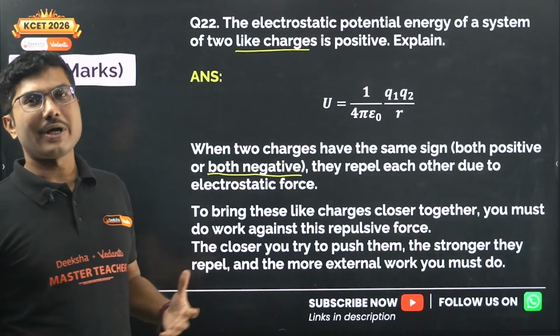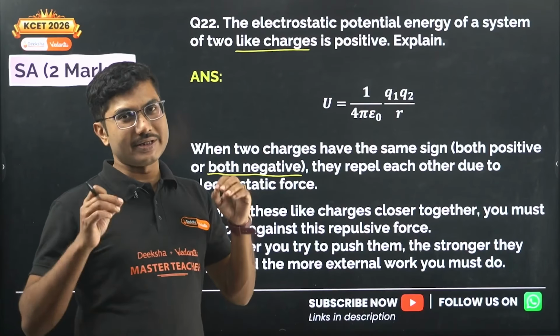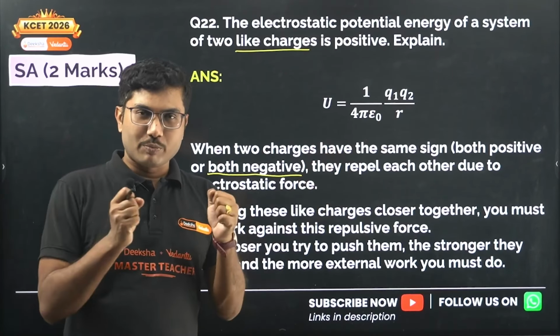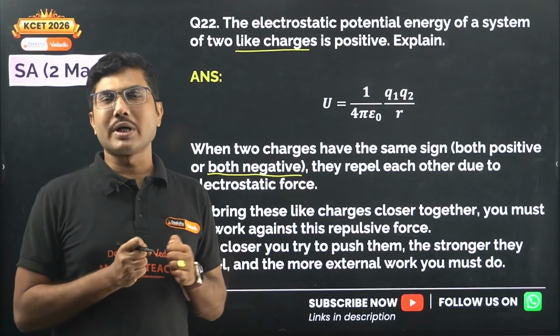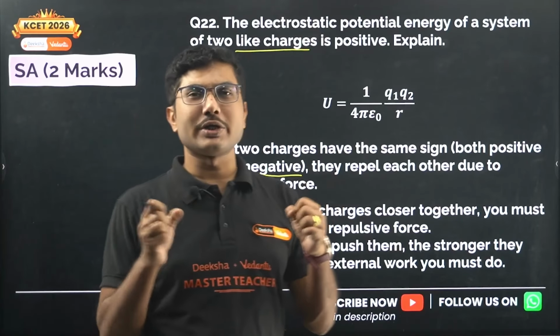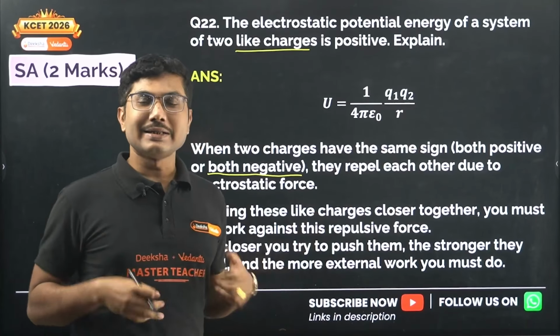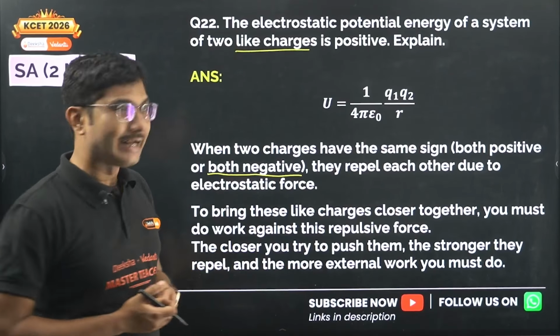That's why the electrostatic potential energy between two like charges is positive. If you don't have to do any extra work, then their energy would be negative.